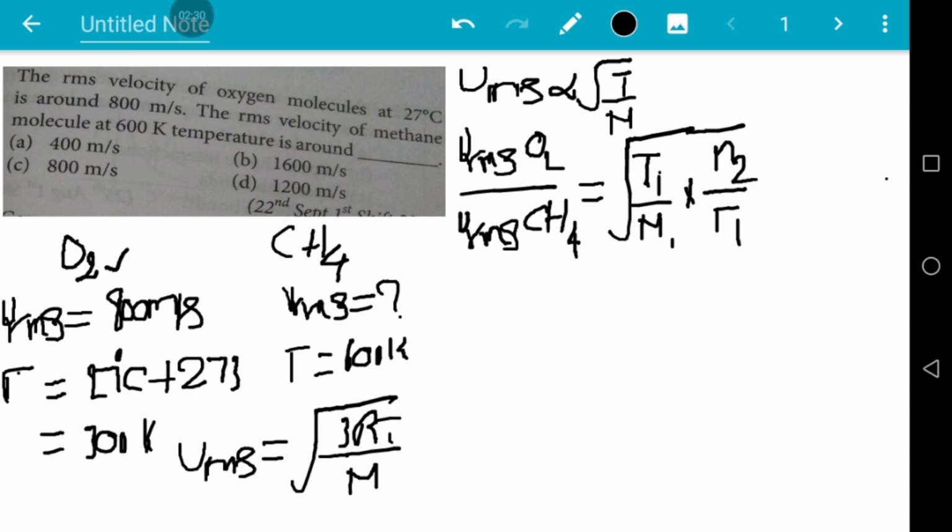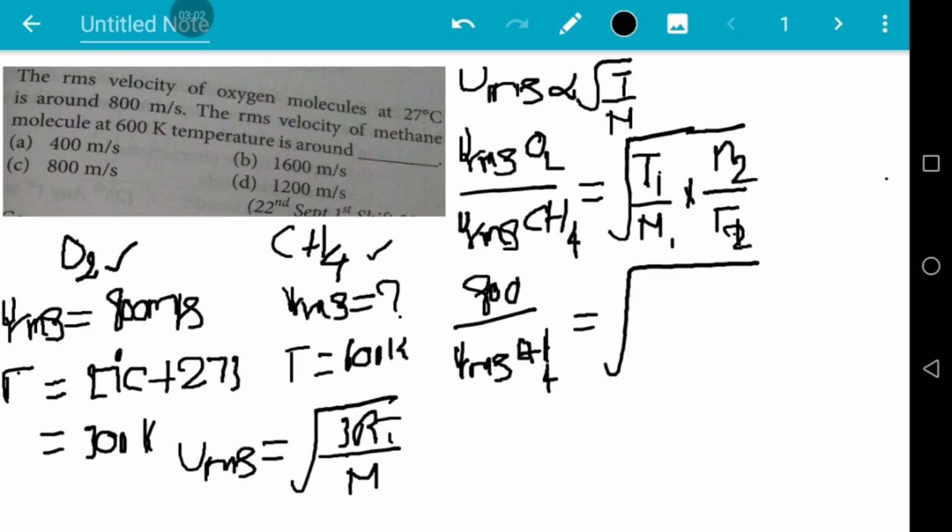Here T1, M1 refer to oxygen, and T2, M2 refer to methane. Sorry, this is M2 by T2. So now URMS of O2 is given as 800, so substitute 800 by URMS of CH4 equal to root over, T1 is the temperature of oxygen, that is 300 Kelvin, by M1, the mass of oxygen.